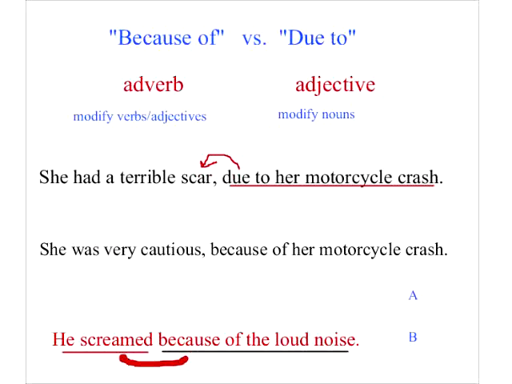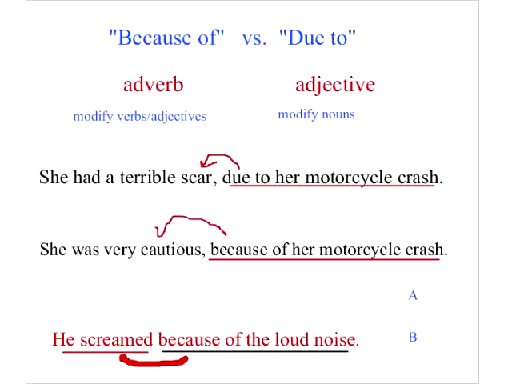Whereas, if I say, she was very cautious because of her motorcycle crash, now what is this modifying phrase describing? Any idea here? What do you think we're saying here is because of her motorcycle crash? Yeah, her cautiousness.